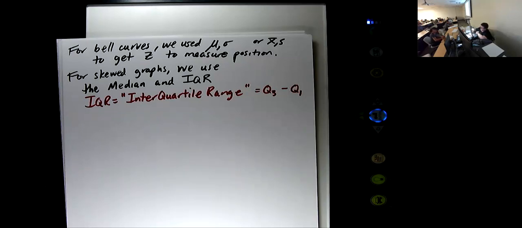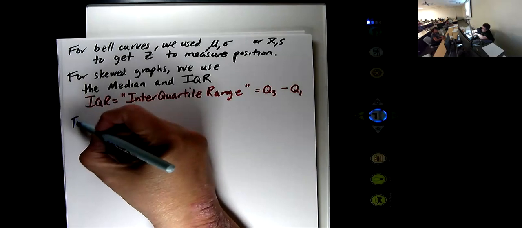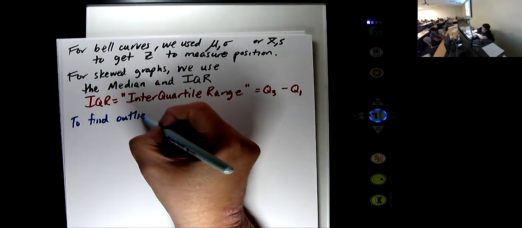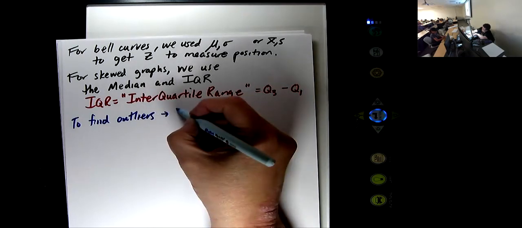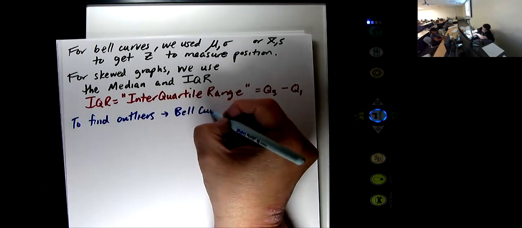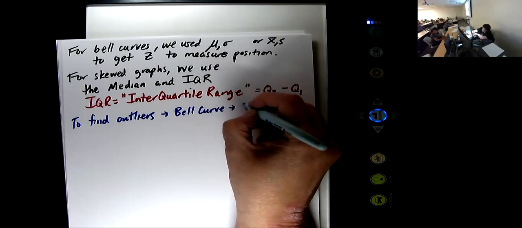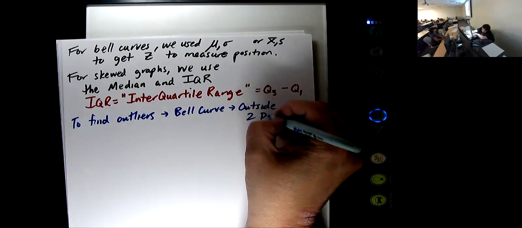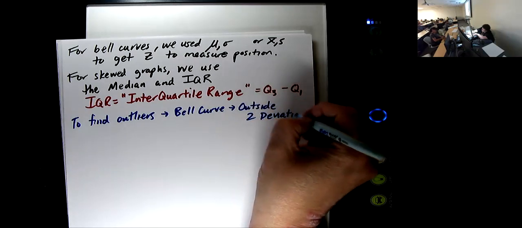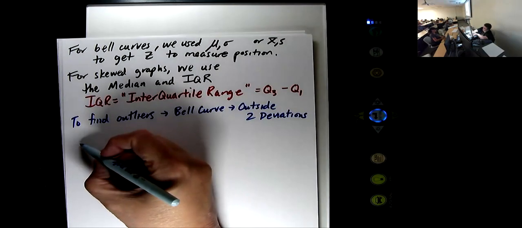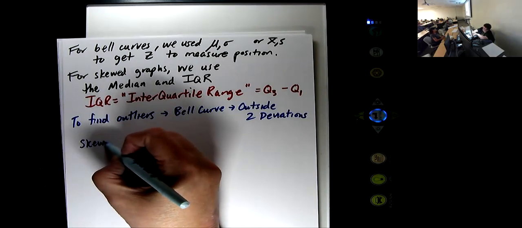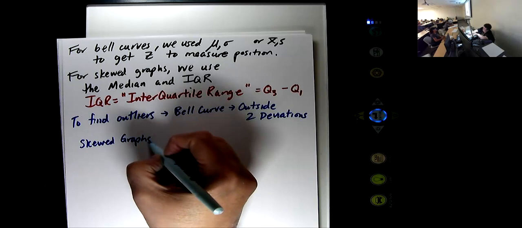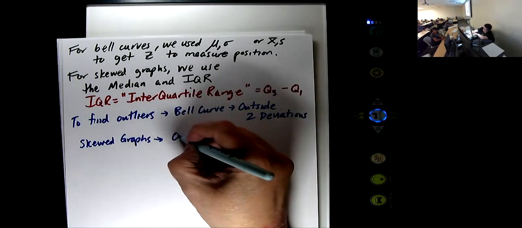And to find outliers: on the bell curve, we did outside 2 deviations. For the skewed graph, we do outside the fences.